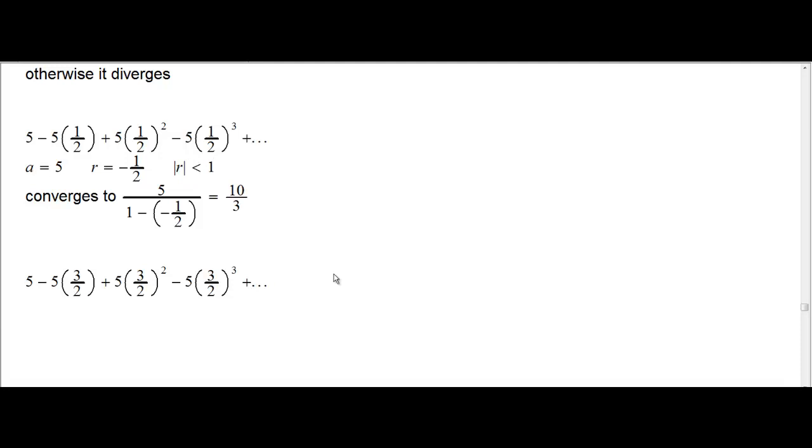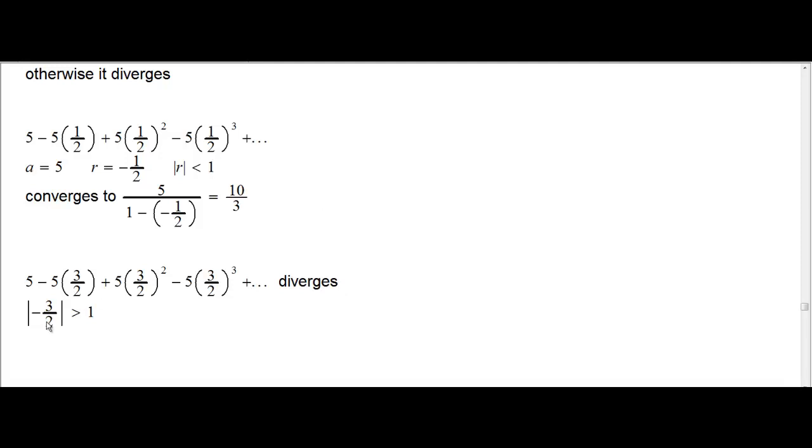The absolute value of r will be more than 1. So negative 3/2, that's 3/2, which is more than 1, and this series does what? It diverges, right?